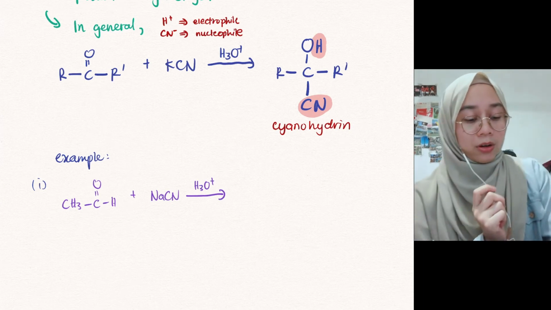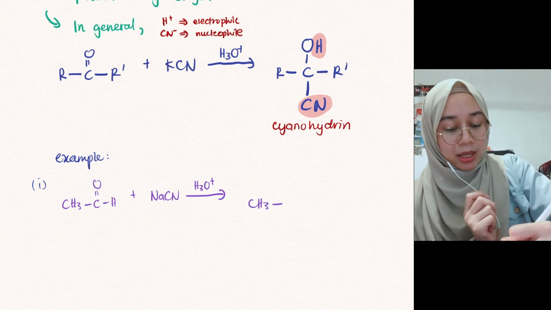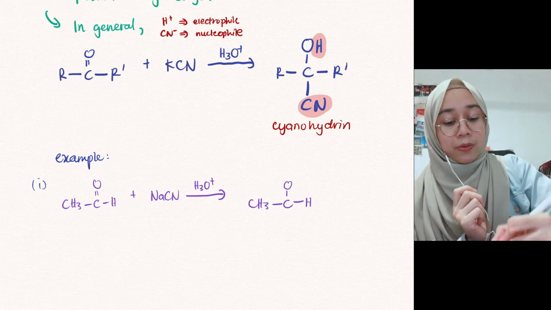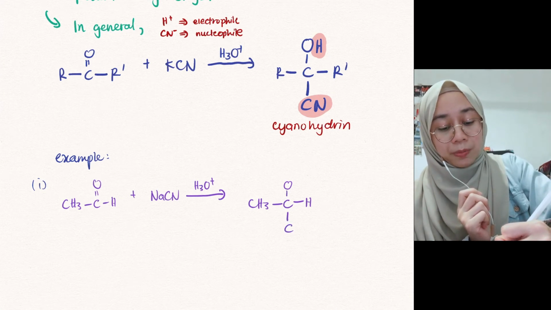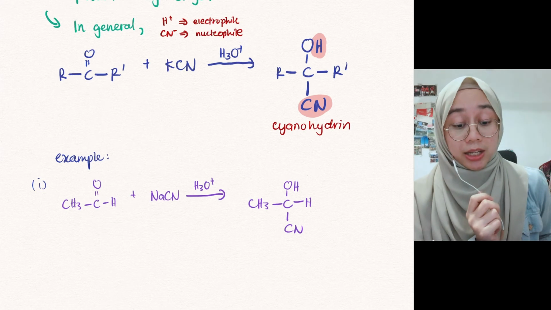Okay, therefore what we are going to have is, so salin balik everything except for the double bond. Okay, and then apa yang kamu tambah dekat carbon would be CN group, and then apa yang masuk dekat O adalah hydrogen. Okay, so you get this.